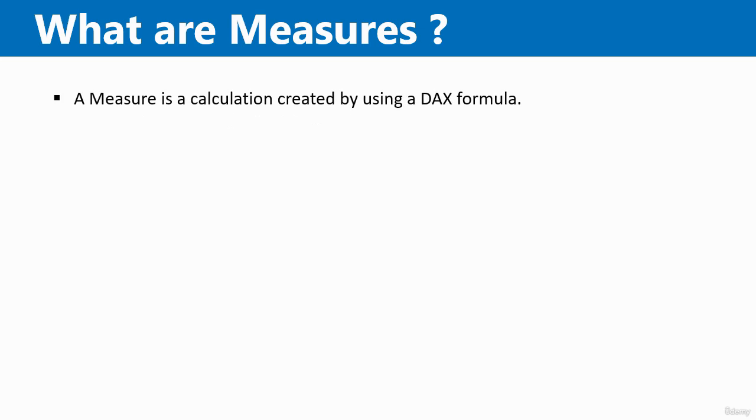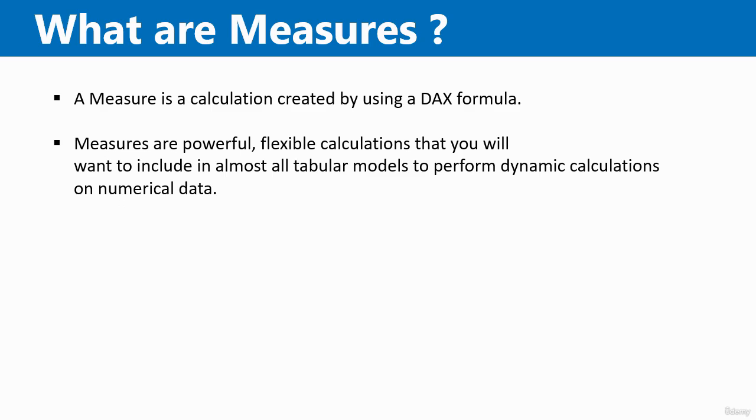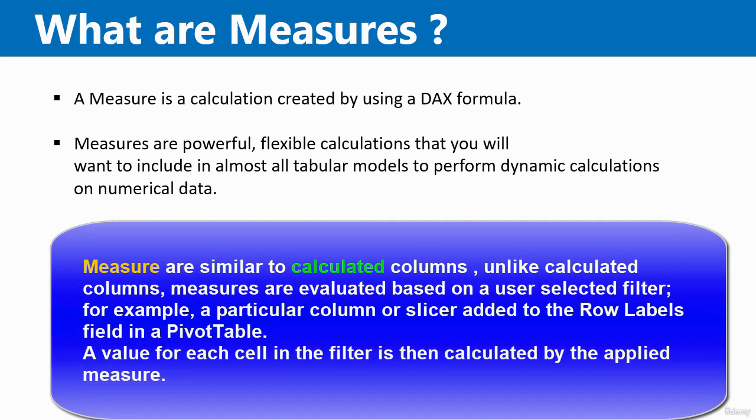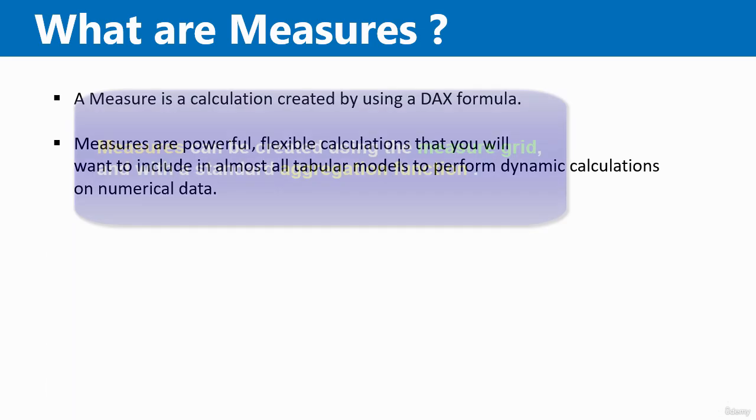Measures are powerful, flexible calculations that you will want to include in all your tabular models to perform dynamic calculations on numeric data. Measures are similar to calculated columns. However, unlike calculated columns, measures are evaluated based on a user-selected filter.